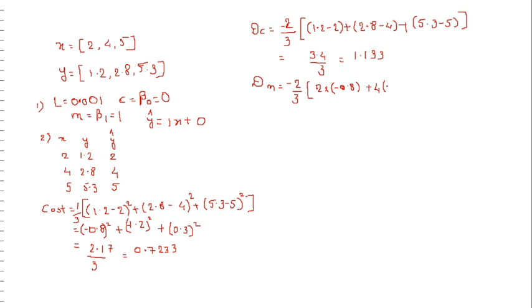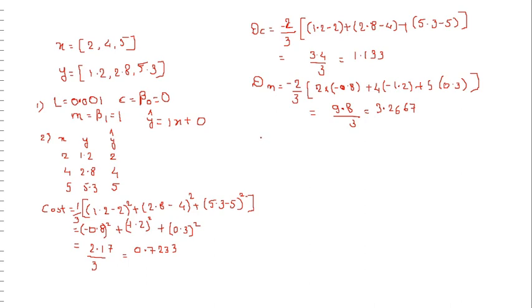The next x is 4, minus of 1.2, plus the next x is 5 into 0.3. On solving this, I get my DM value as 9.8 by 3, which is 3.2667. So we found the value for DM as well as the value for DC.